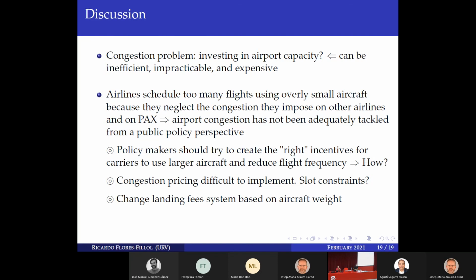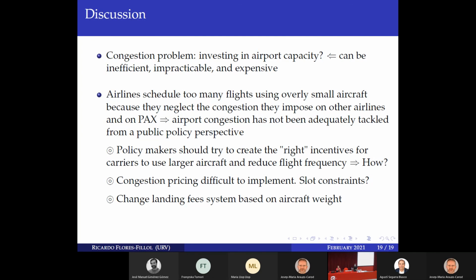Obviously the load factor wouldn't stay the same when you get bigger flights and less frequency. There would be problems to guarantee the load factor that you were talking about. It was around 90% for the low-cost carriers, but maybe with lower frequency and bigger aircraft, the problem would just shift there. I'm wondering.